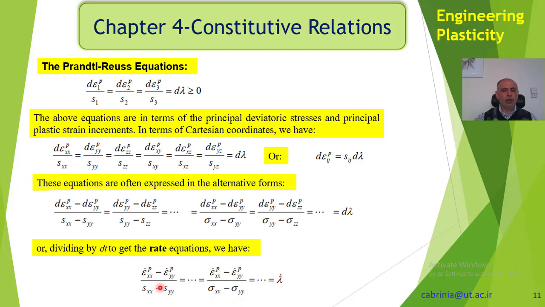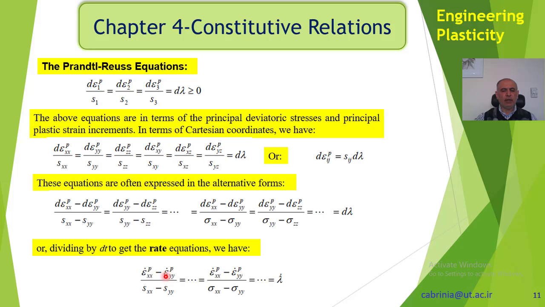Okay, so note that if we integrate here as well, d epsilon divided by dt, d lambda divided by dt, integration, we get this.